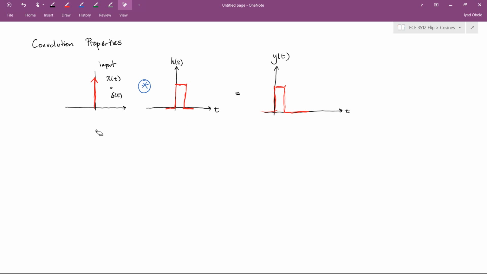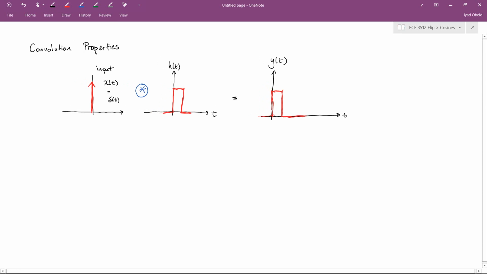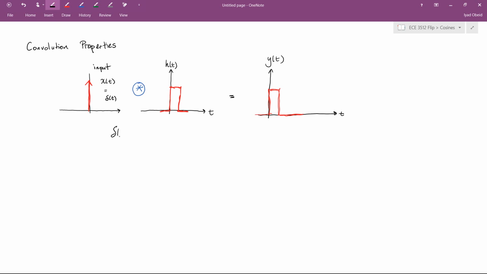So look what we've just worked out here. We've just worked out that delta of t convolved with h of t is the same as h of t. Because in this case the system output I got is identical to h of t.